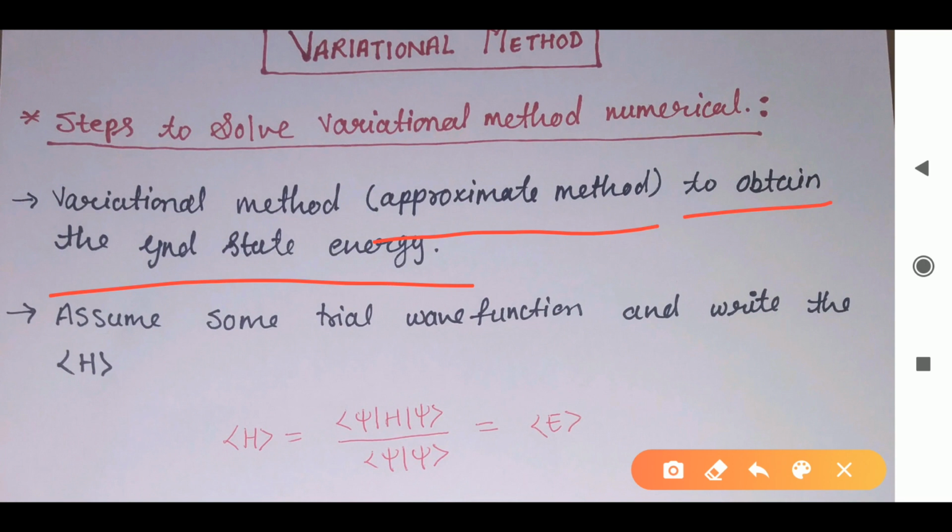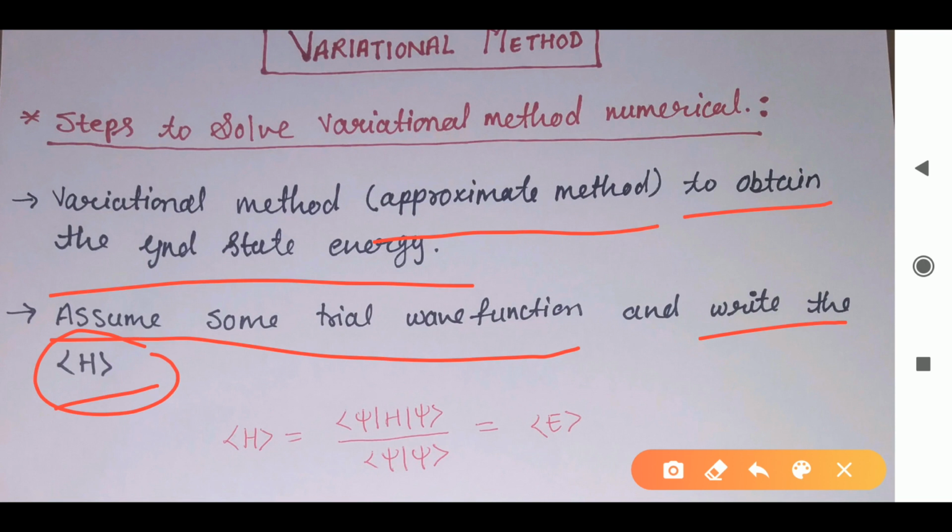Now, step number one is that we have to assume a trial wave function. With the help of this trial wave function we can calculate the energy. After that we will write the expectation value of the Hamiltonian, and we solve this, which is known as the expectation value of energy.